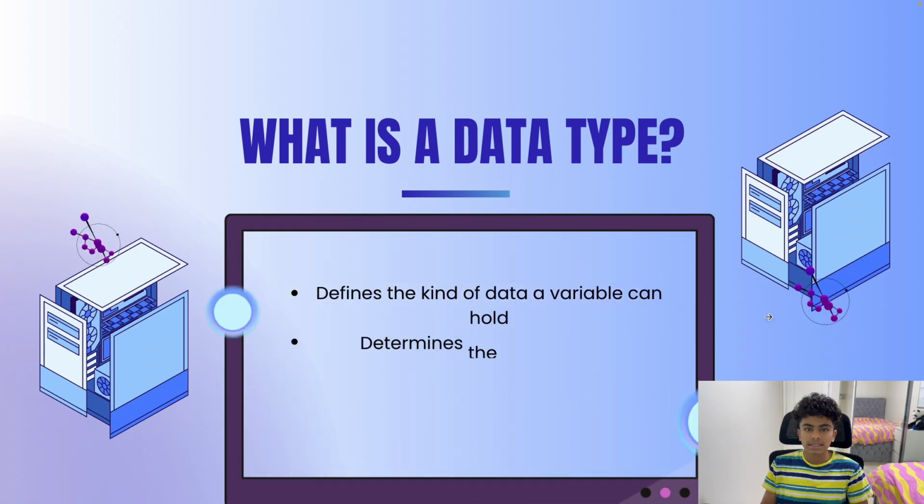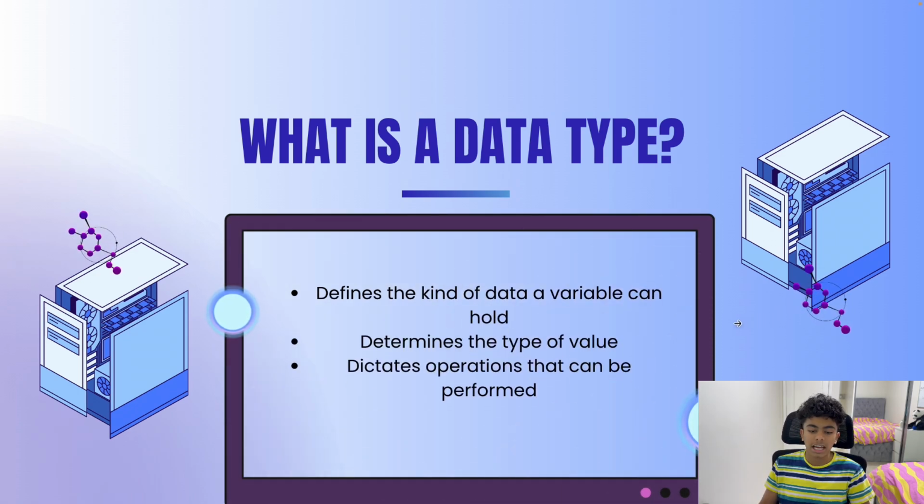So what is a data type? A data type defines the kind of data that a variable holds. A variable is just a name that can be attached to a data type so it can be called upon later on in the program.